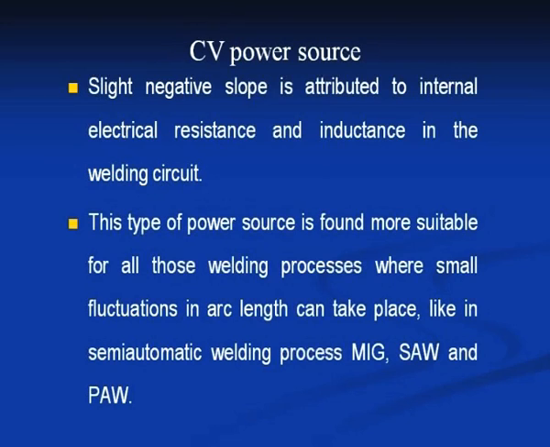This type of power source is found to be more suitable for cases where the fluctuation in arc length is very limited and small diameter electrodes are used, like in semi-automatic welding processes such as GMA, SMA, SAW and plasma arc welding.